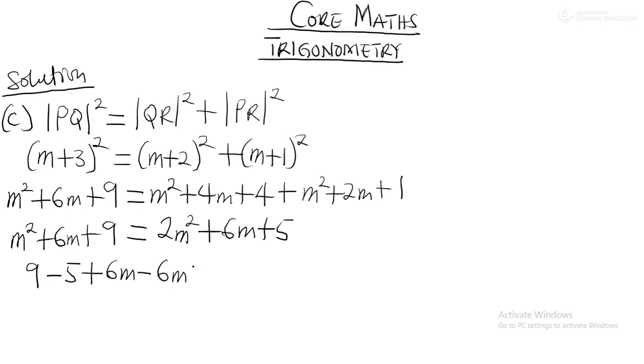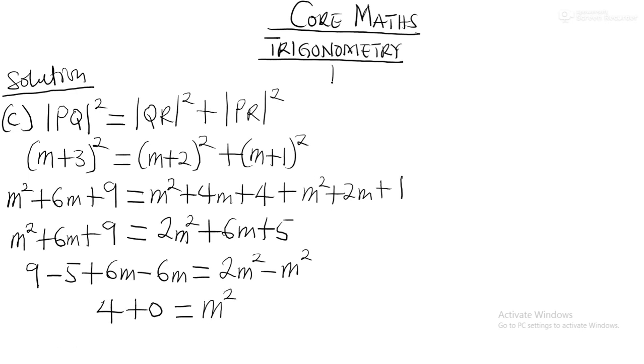Okay, and it should be equal to 2m squared minus m squared. Okay, so 6m minus 6m will be what? 0. 9 minus 5 will be what? 4. So we are going to have 4 plus 0 equals, this one will give us what? m squared. Okay, so 4 plus 0 equals m squared.